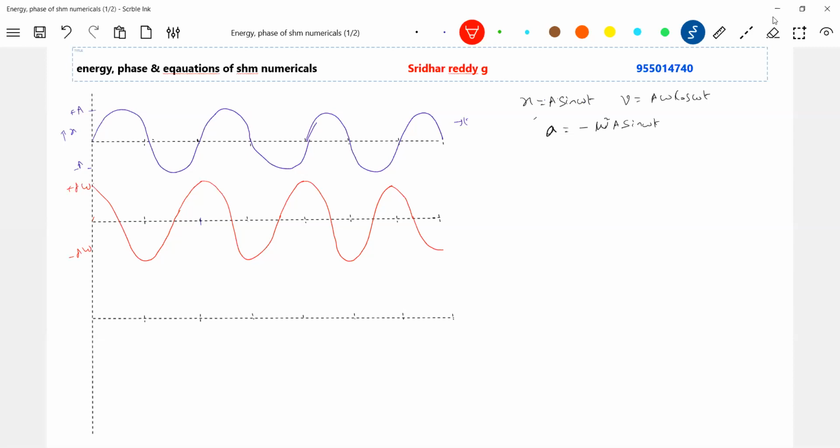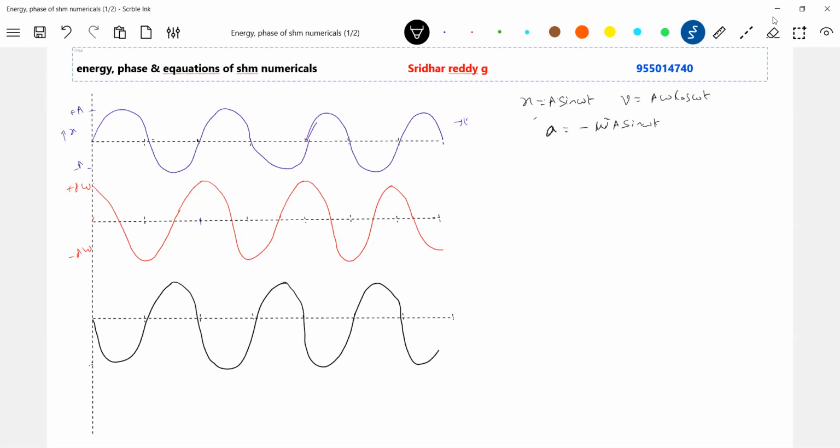So the acceleration should be a negative sine graph. This is minus omega square a.